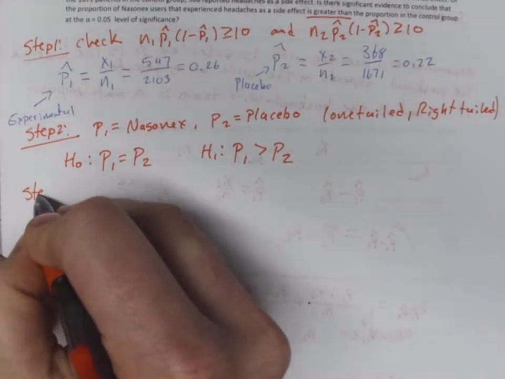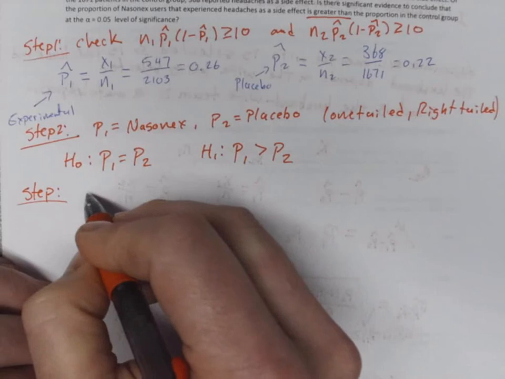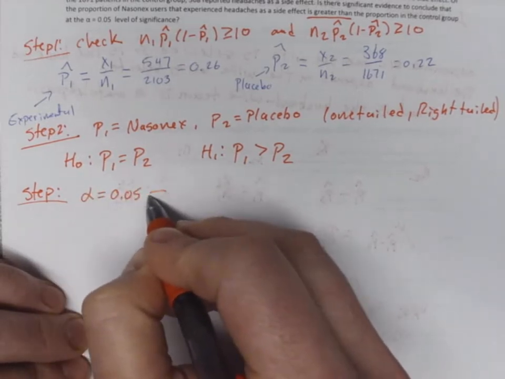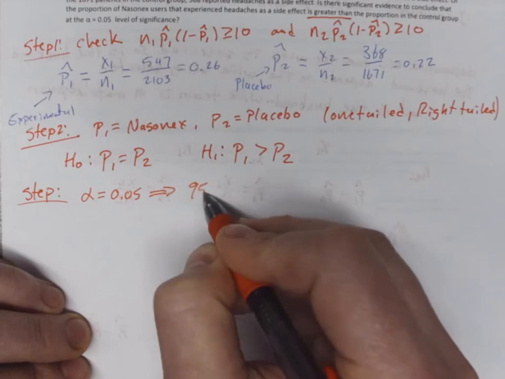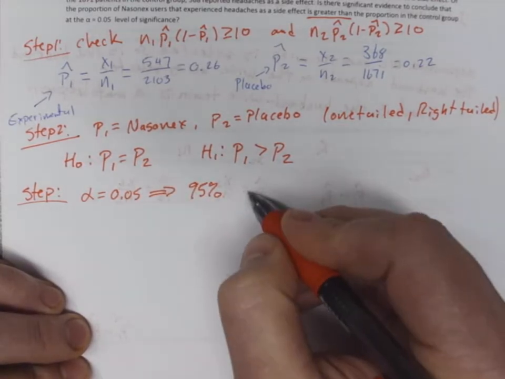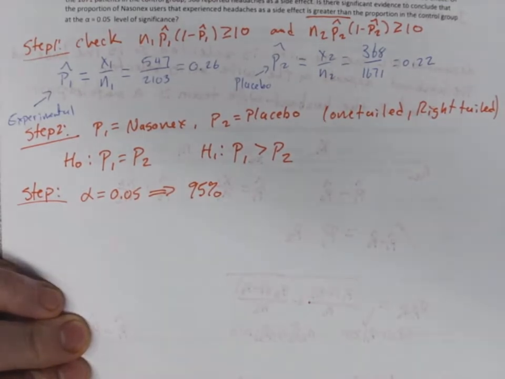Step 3 is to determine our level of significance and our critical values. So we know alpha is equal to 0.05, which implies we're at a 95%. All right, so we want to find, since it's one-tailed, let's write this in a different color.